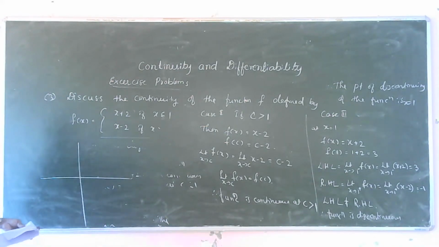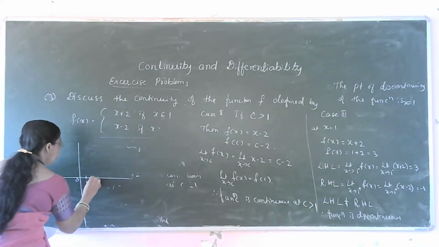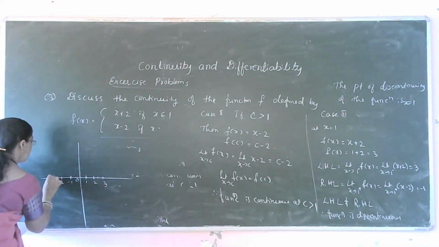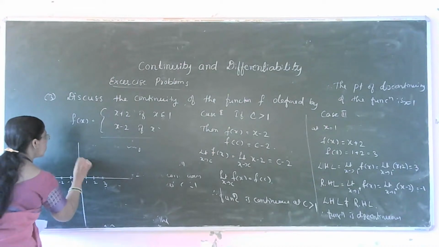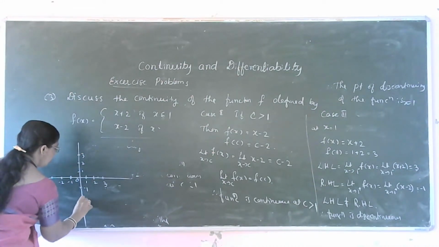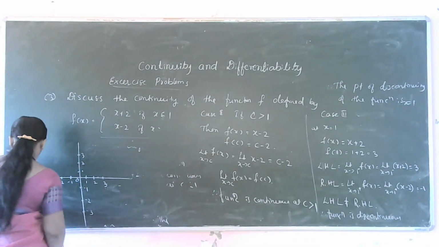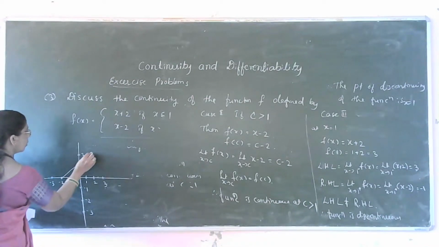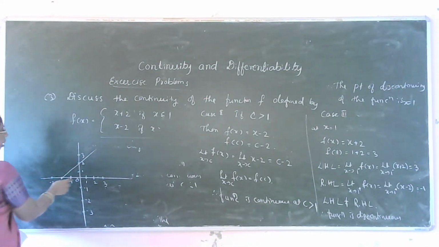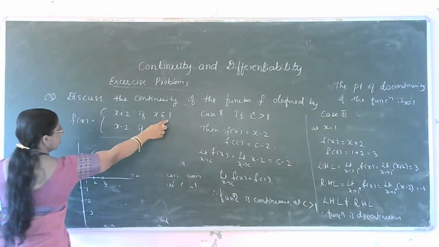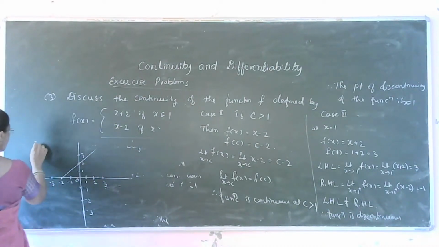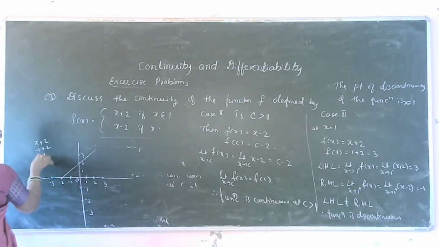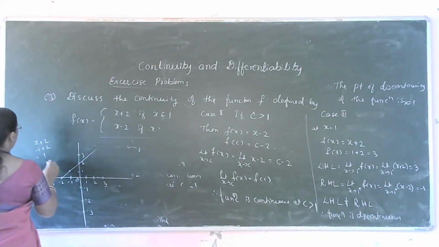We can draw the graph of this function. Here 0, 1, 2, 3, and also minus 1, minus 2, minus 3 on both axes. Because x is less than 1, the function is x plus 2. At x equal to minus 1, minus 1 plus 2 is plus 1.